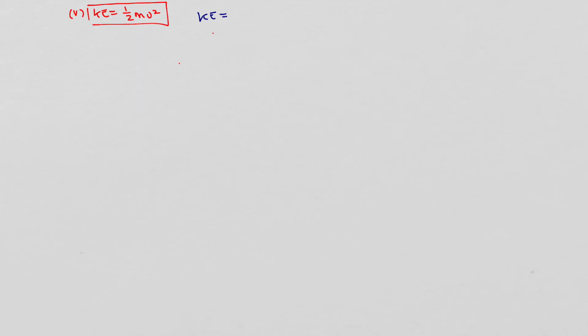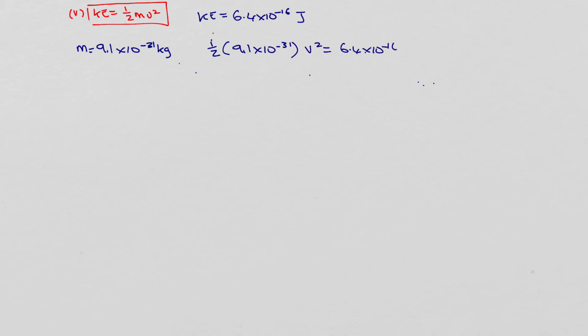So we have the kinetic energy is equal to 6.4 by 10 to the minus 16 joules. And therefore, that's equal to a half mv squared, where m, the mass on our electron, is 9.1 by 10 to the power of minus 31 kilos. So therefore, we have a half times 9.1 by 10 to the power of minus 31 times v squared equals 6.4 by 10 to the minus 16.